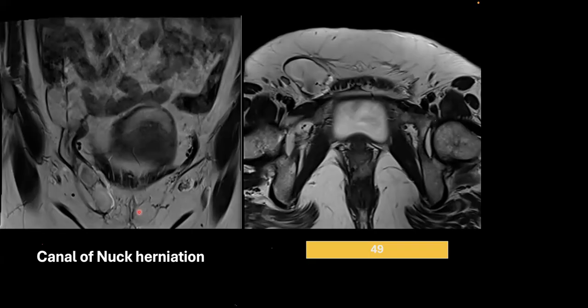Here also there is a normal patent pouch of parietal peritoneum which is extending from the round ligament anteriorly into the pelvic region, and it may extend till the labia majora also. So this is a female counterpart of patent processus vaginalis in males. Okay, got it? Keep this in mind. This is a very typical spotter.